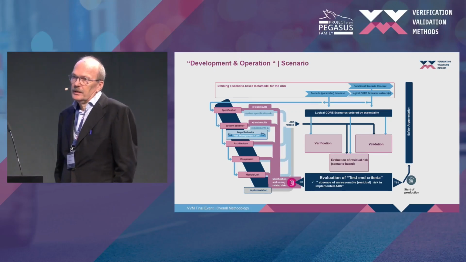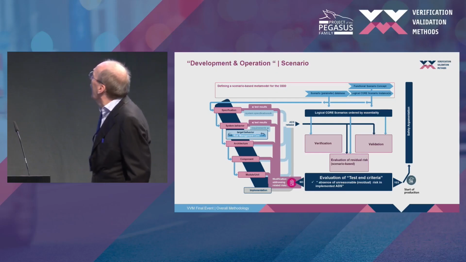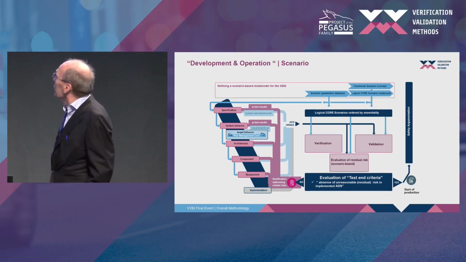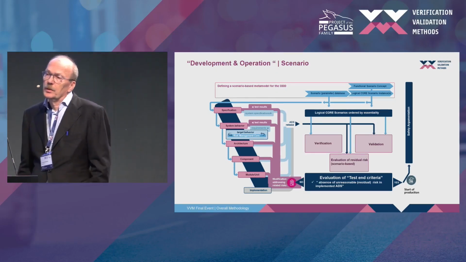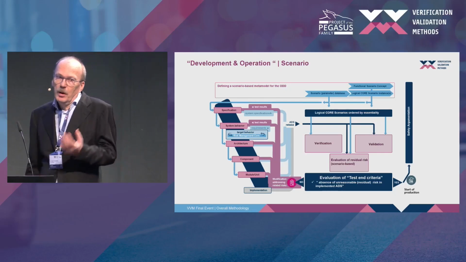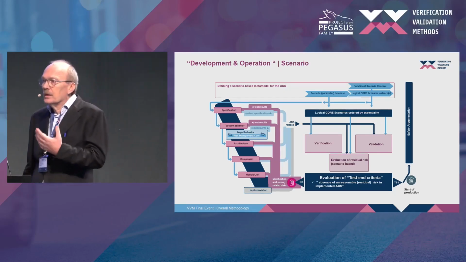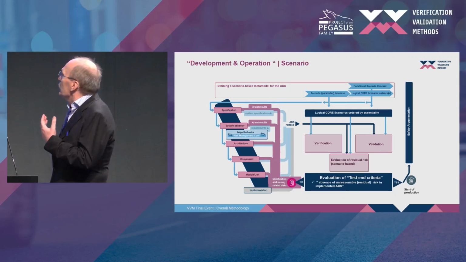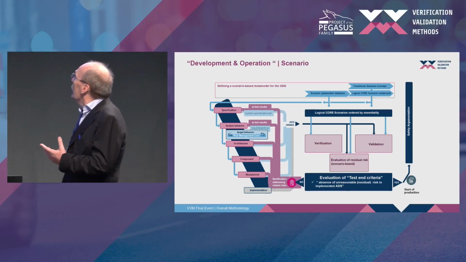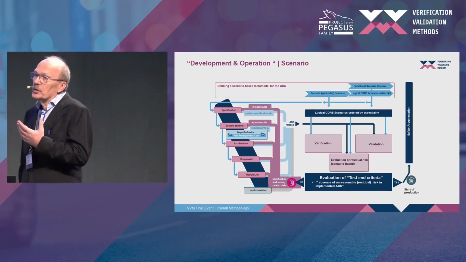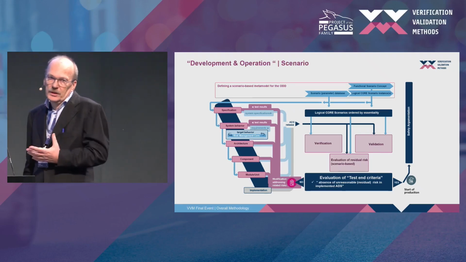So these are the classical parts of the V: verification and validation, and we add something that we called evaluation of residual risk, which is important in the case of automatic driving systems because it tries to evaluate their residual risk in the ODD.